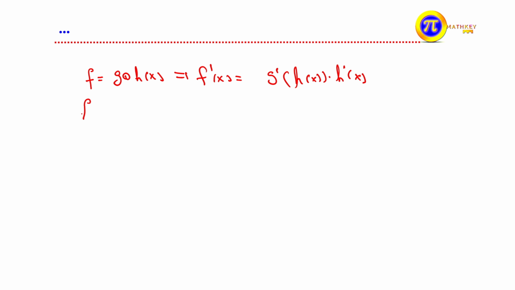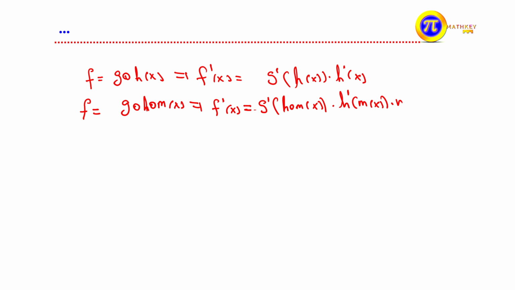Similarly, if f is a composition of three functions, g of h of m of x, we can extend the composition of two functions to three, or n. This implies g derivative at h of m of x, times h derivative at m of x, times m derivative at x. We can find such forms.